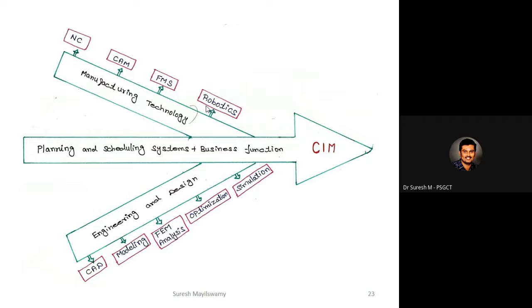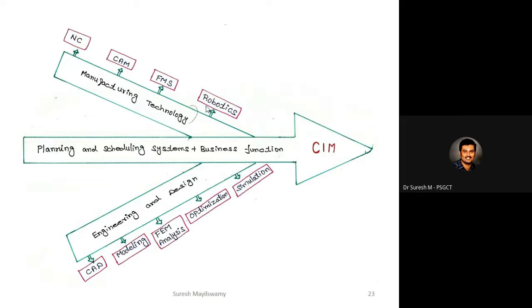Considering manufacturing technology, we need NC machines, numerical control machines, computer-aided manufacturing systems, flexible manufacturing systems, and robotics. Then planning and scheduling systems plus business functions. So overall, everything is considered as CIM, computer integrated manufacturing. Up to this is the introduction of CIM.